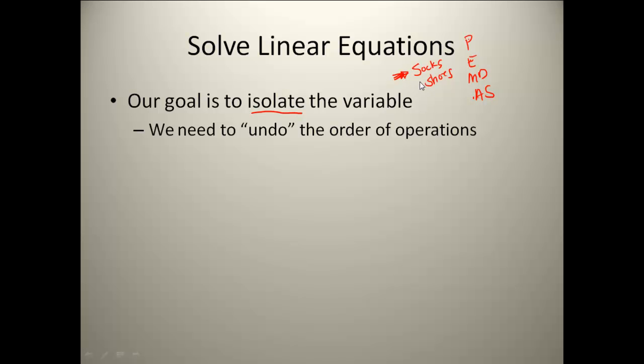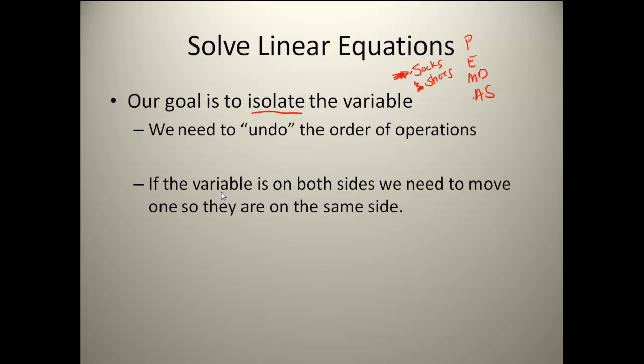You have to go backwards. You have to take your shoes off first because you're undoing what you did, and then you can take your socks off. Well, now when we are solving linear equations, we do that same thing. We undo these order of operations, so we have to work backwards. We have to undo addition, subtraction first, then undo multiplication and division, and undo the exponents.